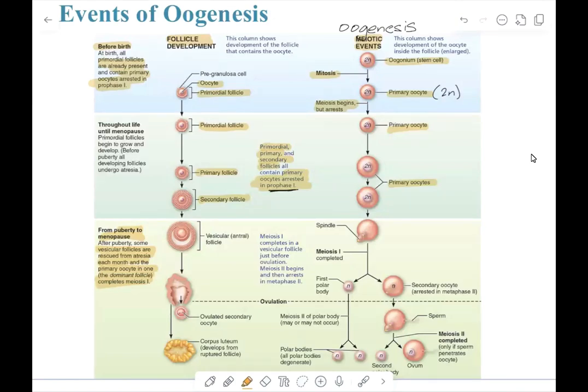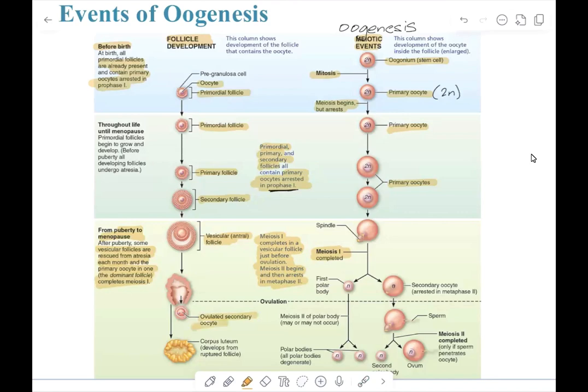So this is the dominant follicle here. So the meiosis 1 has been completed, and that secondary oocyte is what's going to be ovulated.